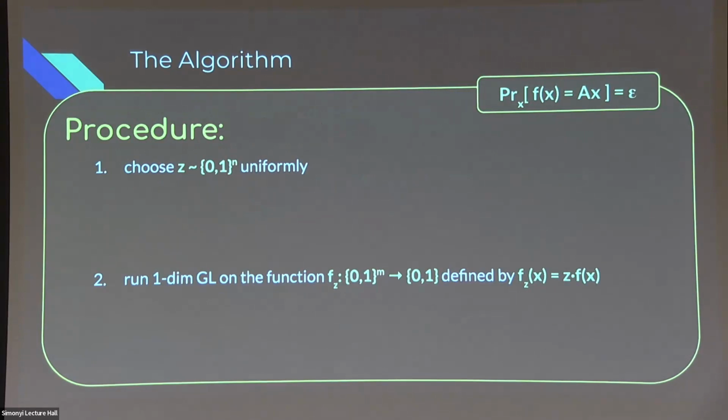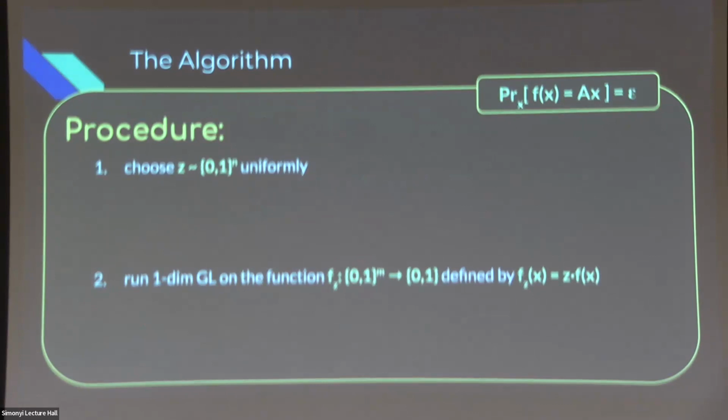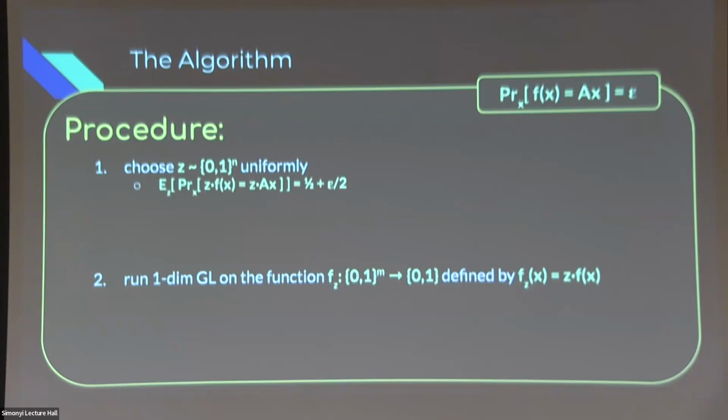Let's choose a random z, and let's run one-dimensional Goldreich-Levin on the function f sub z. Hopefully we're going to recover something that we want. So let's analyze. We just showed that the expectation over z of this probability is 1/2 plus epsilon. You can show that with probability epsilon over 4 over z, the probability is 1/2 plus epsilon over 4, pretty standard.